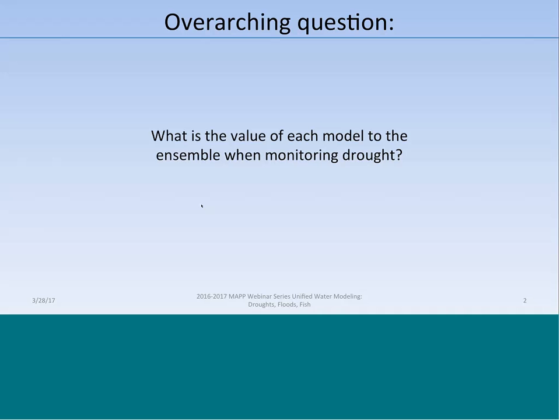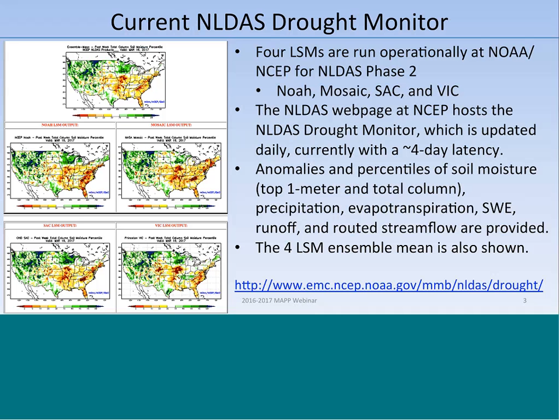So the overarching question I want to answer in this brief presentation is, what is the value of each model in the ensemble when you're monitoring drought? A little bit of background. The current NLDAS system consists of 4 different models, and we run these models over the continental U.S. at an 8th degree resolution: the NOAA LSM, Mosaic, Sacramento, and VIC.